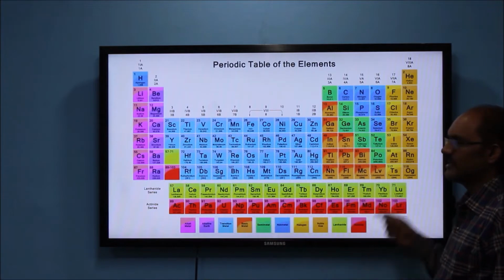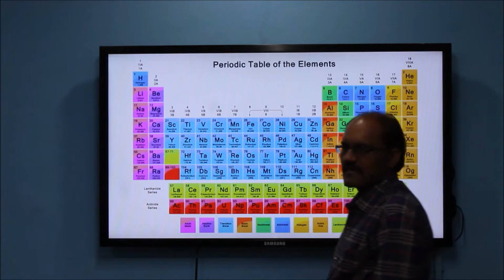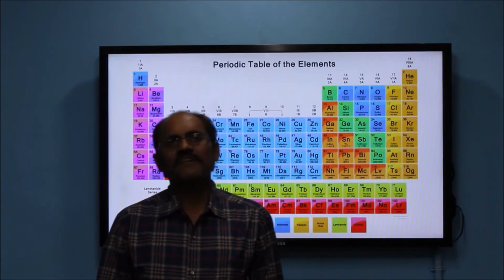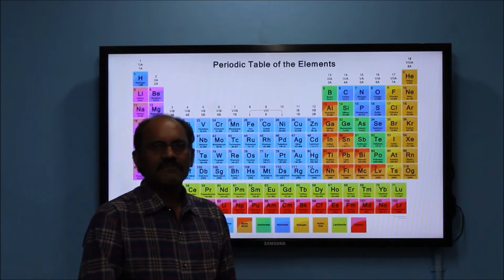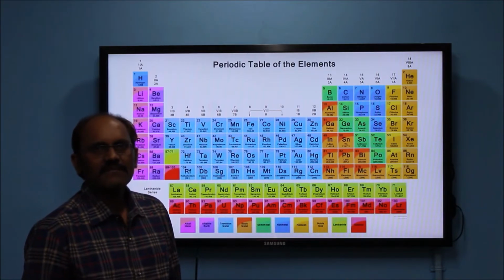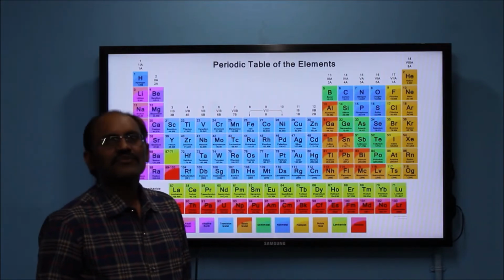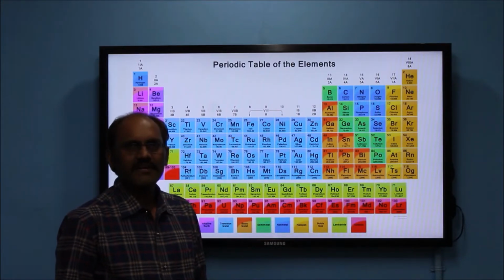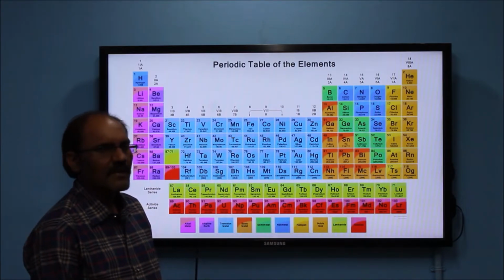Among all these elements, some elements are considered as metals, some as non-metals and some as metalloids. In this chapter, we discuss the physical and chemical properties of metals and non-metals, their uses, and also what metalloids are and examples of such metalloids.